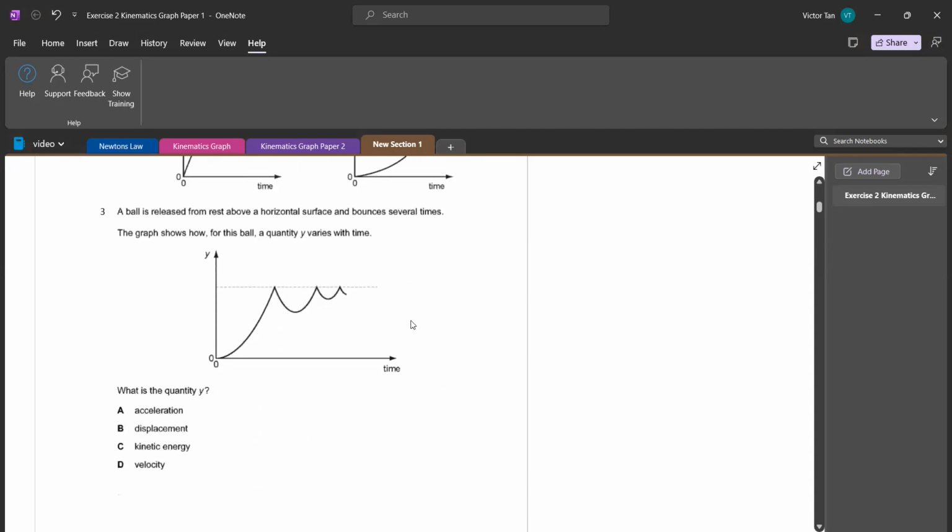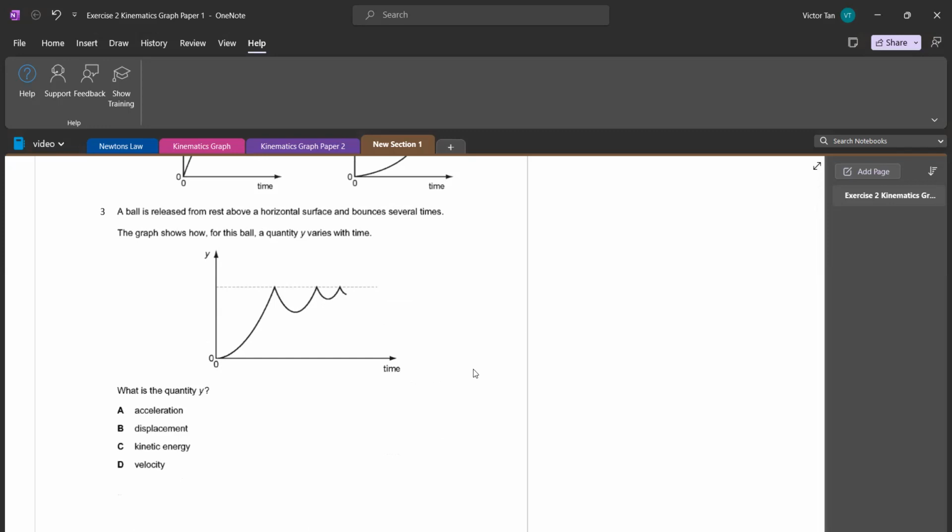A ball is released from rest above a horizontal surface and bounces several times. The graph shows how, for this ball, the quantity y varies with time. What is the quantity y? Obviously, it looks like a ball bouncing.